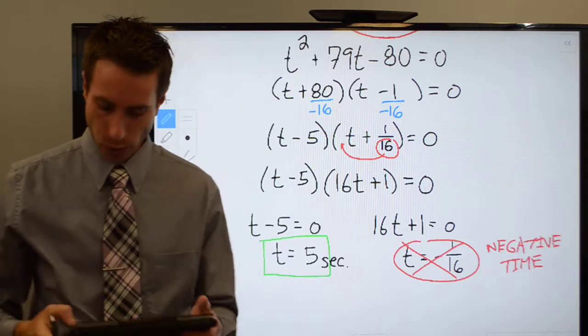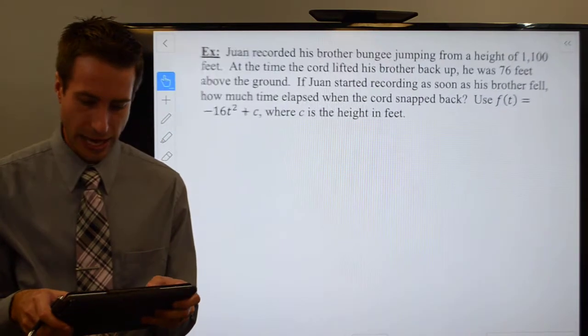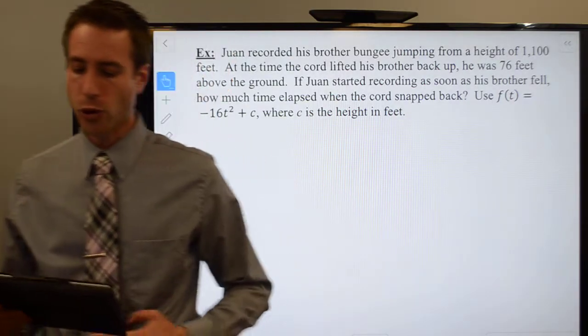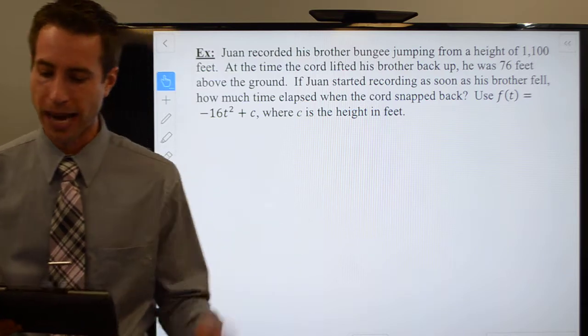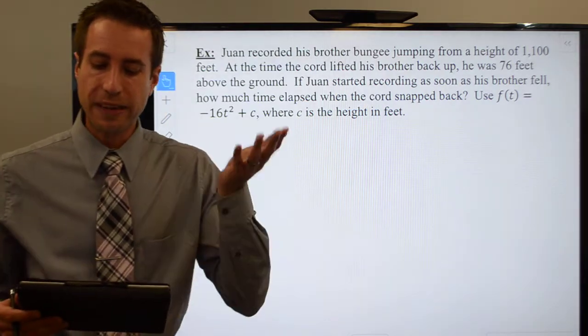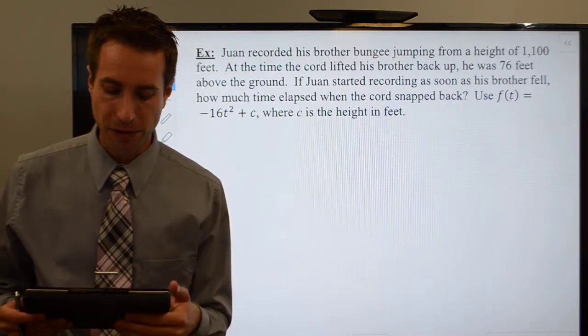Let's go ahead and try another one of these. I got another word problem for you guys right here. This one actually has to do, I believe, with bungee jumping. So here's what we've got. Juan recorded his brother bungee jumping from a height of 1,100 feet. At the time the cord lifted his brother back up, he was 76 feet above the ground.